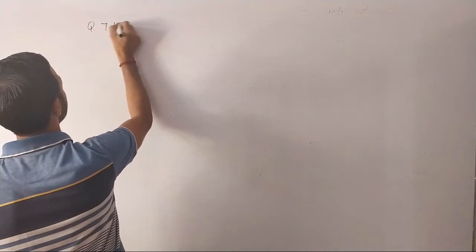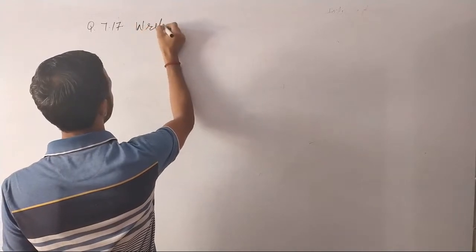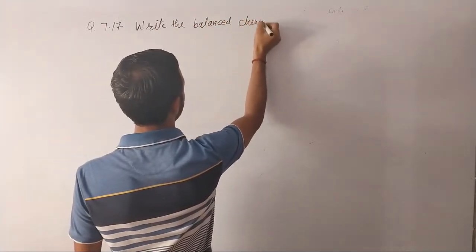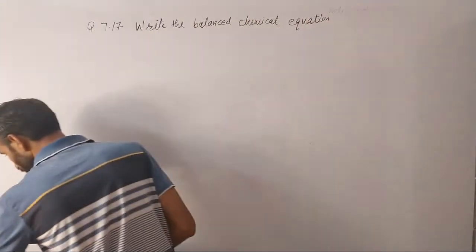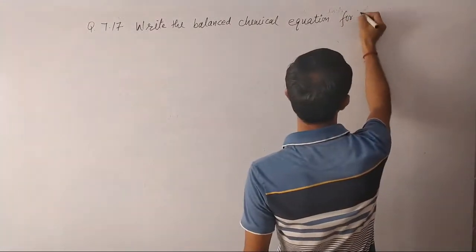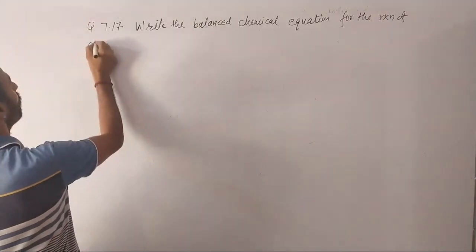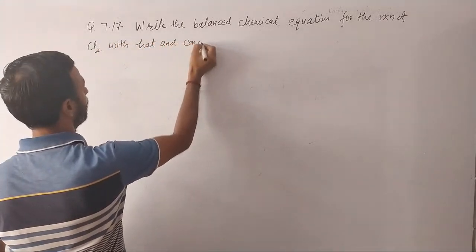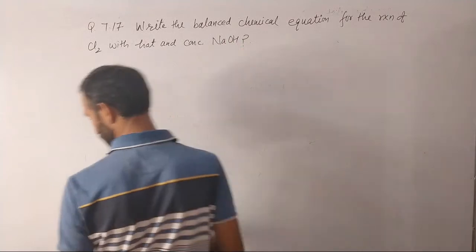Next question. Question number 17. Write the balanced chemical equation for the reaction of Cl2 with hot and concentrated sodium hydroxide.